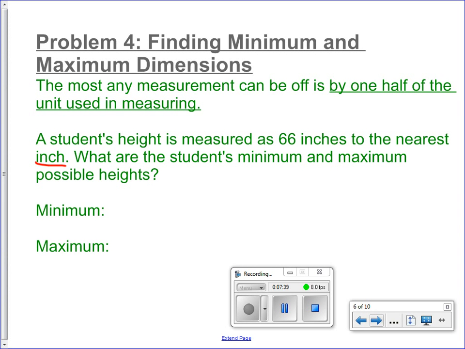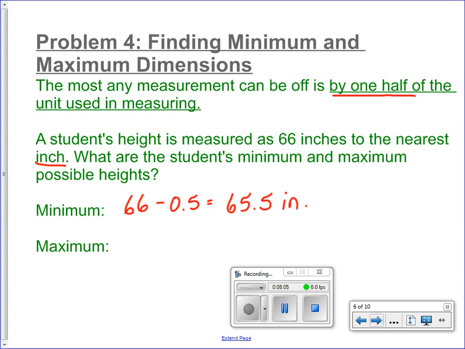Now let's go back to the definition. The most any measurement can be off is by 1/2 of the unit of measurement. So if we're measuring to the nearest inch, half of that would be 1/2 an inch. So the minimum would be 66 minus 1/2 an inch, which would be 65.5 inches tall.